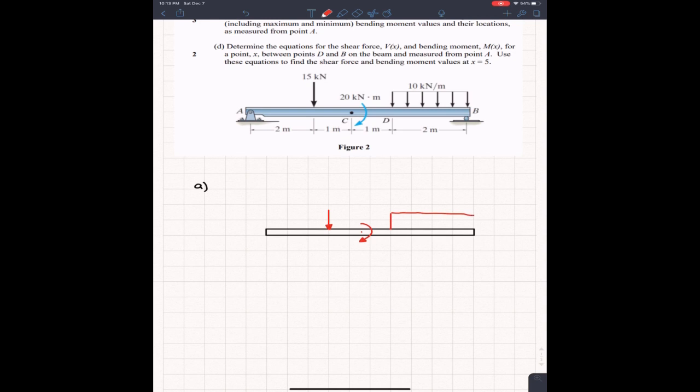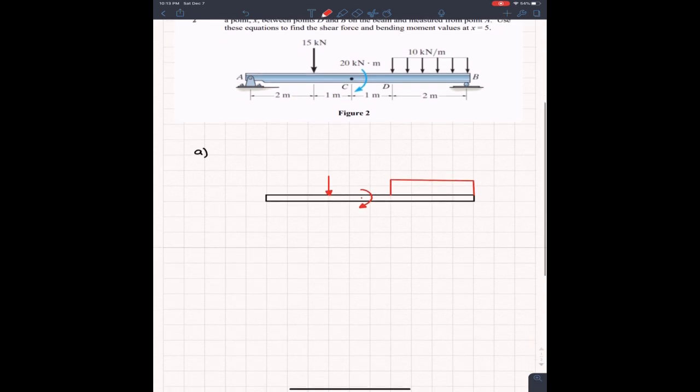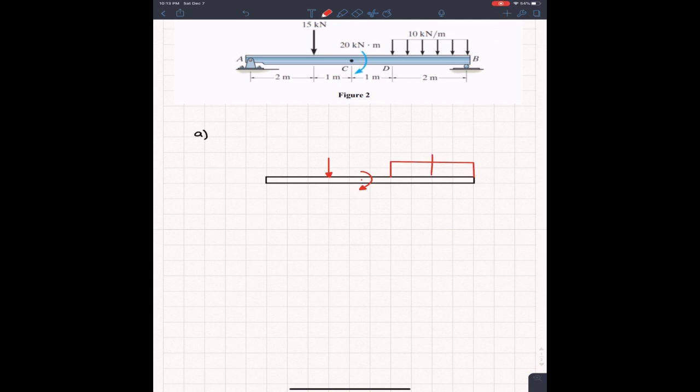So what I do for a distributed load in a free body diagram is I just draw the silhouette. And that one looks kind of crooked, so I'm going to get rid of this. Try to make it a little bit more straight. Again, we're not going to judge you if it's a little crooked. It's still a little crooked, but it doesn't matter. You guys won't judge me. We won't judge you. All right, and I replace it with an external force right in the middle.